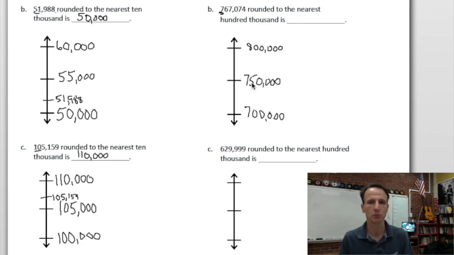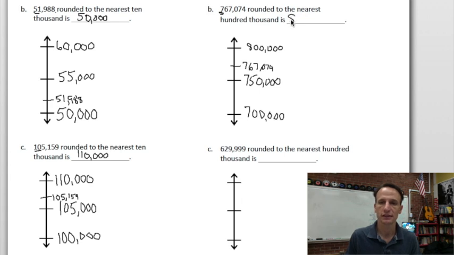Yes, that would be above 750, right? 767 above 750. So we'll say right there is where 767,074 would fall. And then which 100,000 is it closest to? Yes, it's closest to the 800,000.